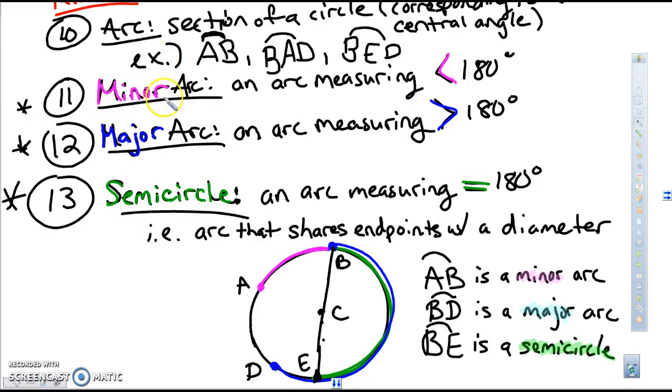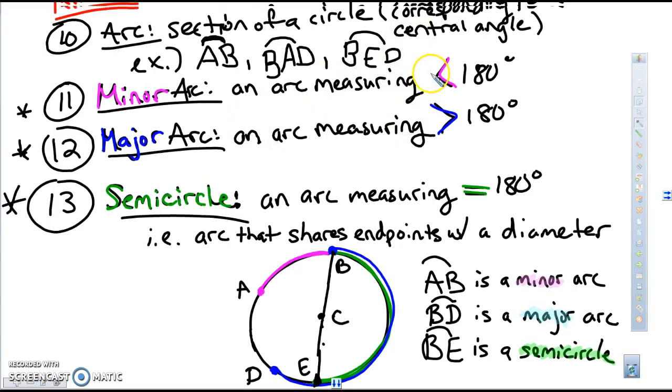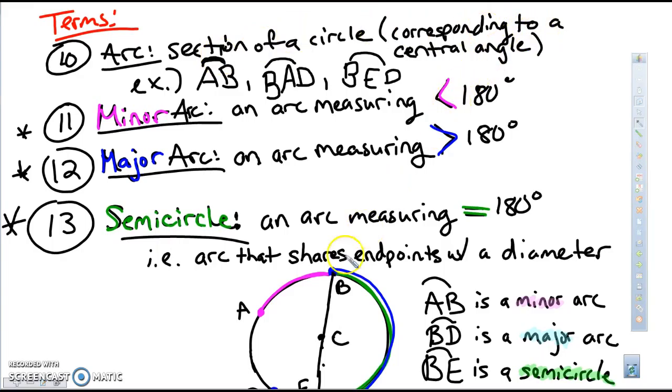And that's exactly what a minor arc is. If you're seeing 2 points labeled for an arc, you assume that you're going to take the minor arc, and that's an arc that measures less than 180 degrees. I didn't really define how arcs are measured beforehand, but that's what I meant by corresponding to a central angle.